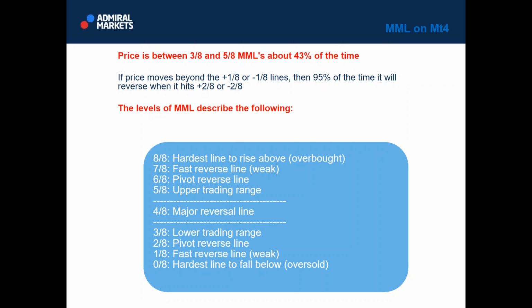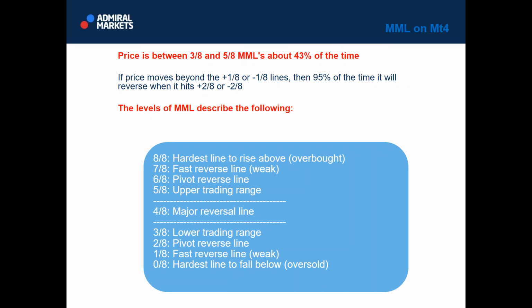It's a pivot point. Let's compare it to the daily pivot point, because usually when the price goes above, it will hit 5.8. Then if it goes to 6.8, it might reject. If it goes to 7.8, it's weak, it might not, or it can reject, and 8.8 is strong.